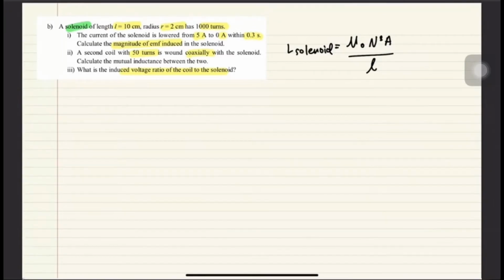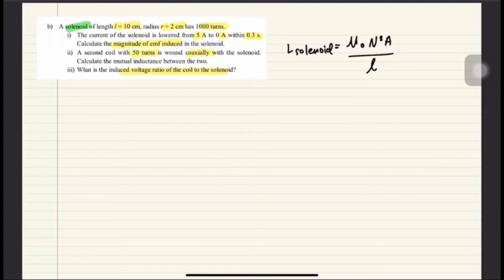So once you get the L, you can use equation EMF equals to negative L di dt, because they give you the change of current. So yang di dt ni kamu boleh tulis sebagai I final minus I initial per change in time. So all these informations are given.